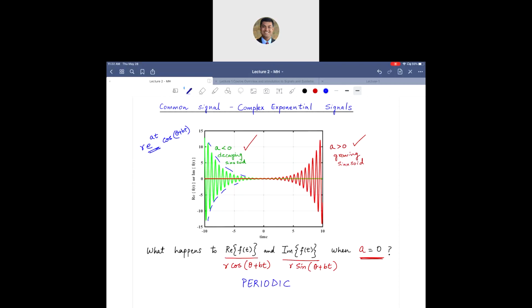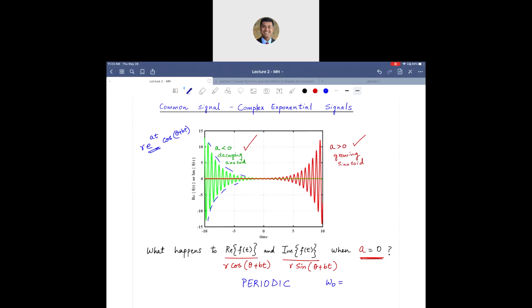Earlier, when a was not equal to 0, they were not periodic. However, now with a equal to 0, it's a periodic function. And if it's a periodic function, we should be able to find out the time period of this. So what is the time period of this function? Time period will be related to the argument inside the cosine.